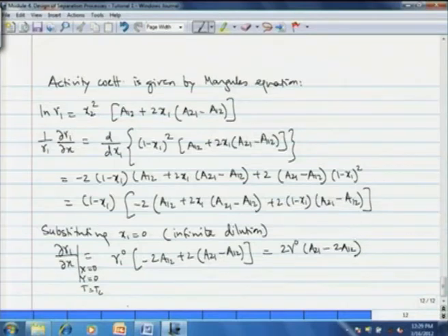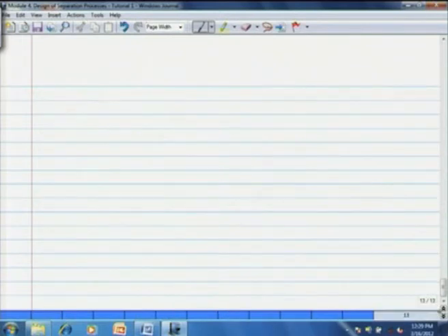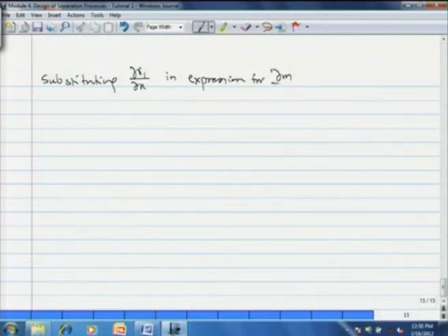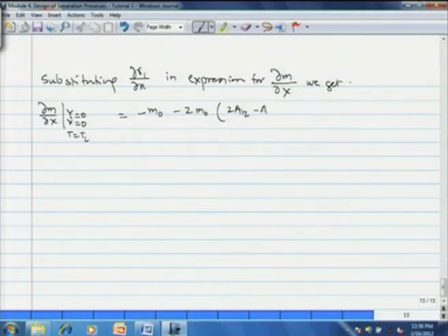And now substituting for dou gamma 1 by dou x in the expression for dou m by dou x, we get dou m by dou x at y equal to 0, x equal to 0, t equal to TL is equal to minus m naught minus 2 m naught into (2 times a12 plus a21).